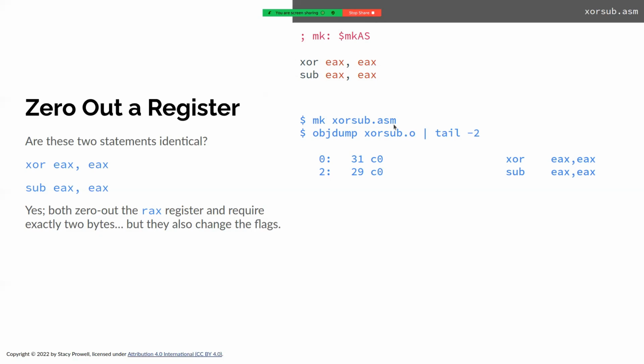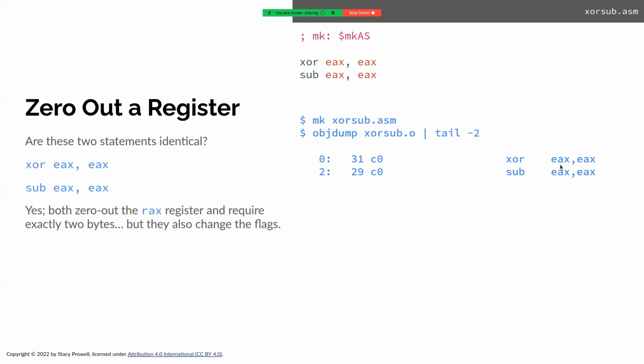So I'd make that, and then I would do an objdump on it, and both the XOR version and the sub version come down to just 2 bytes. So there you go. So this is one way of setting it to 0, another way of setting EAX to 0. And because I'm setting EAX to 0, the 32-bit view of it, I'm also setting the 64-bit view, right?